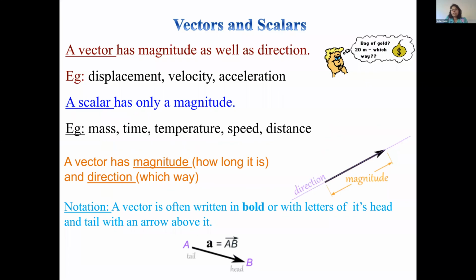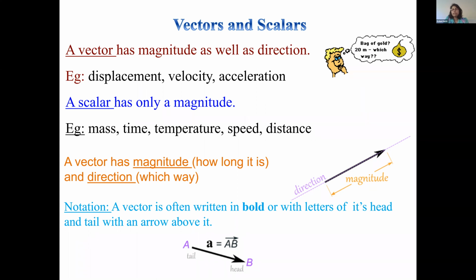So the first thing is understanding what a vector and a scalar are. A vector is some quantity that you need to explain by using magnitude and direction. A simple example: if you say the velocity of my car is 15 kilometers per hour, that does not have any meaning unless you explain that the velocity of the car is 15 kilometers per hour in the north direction.